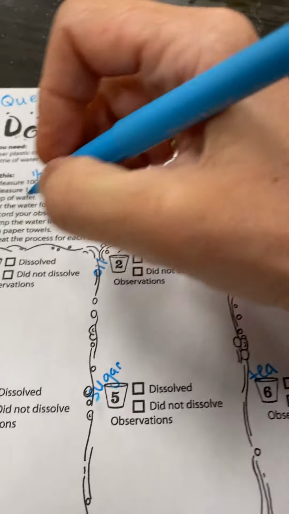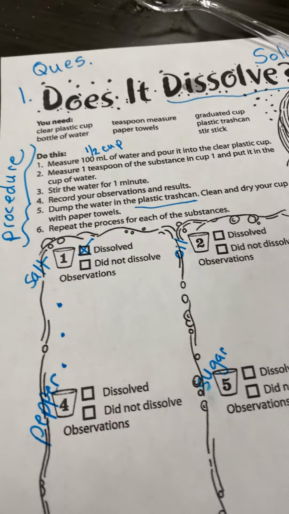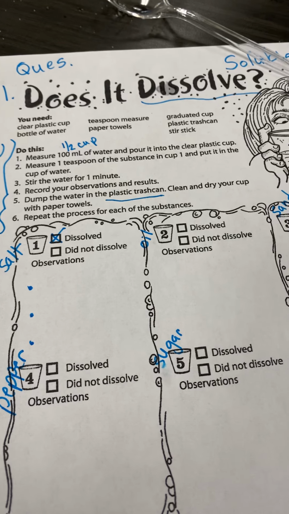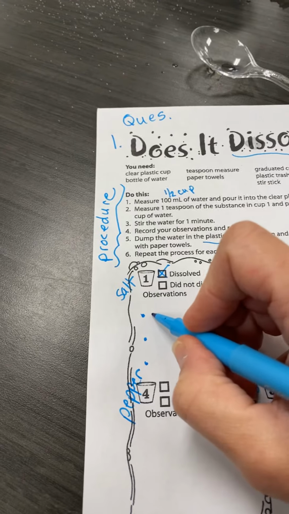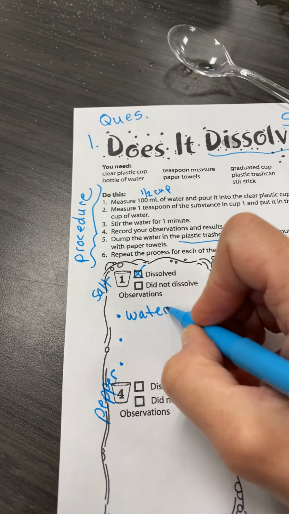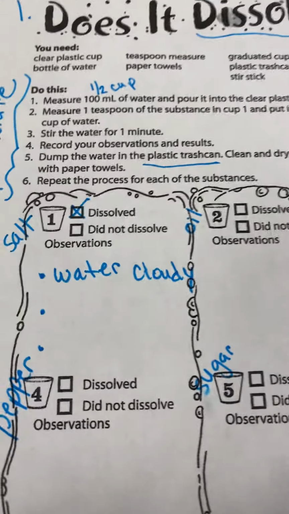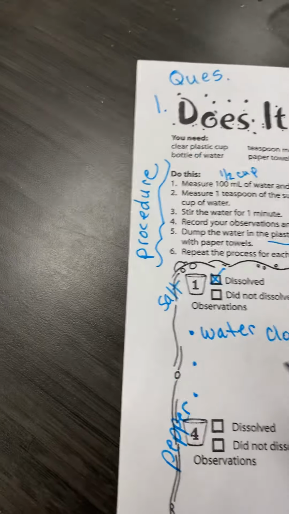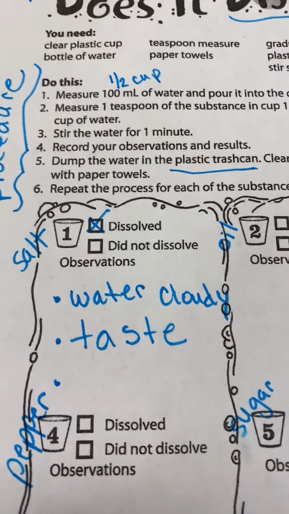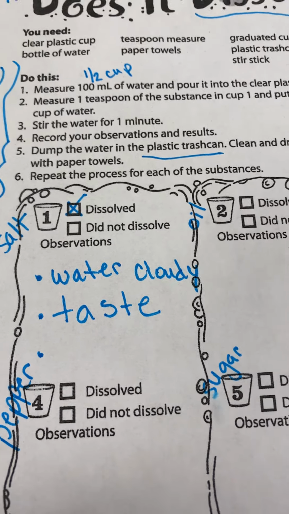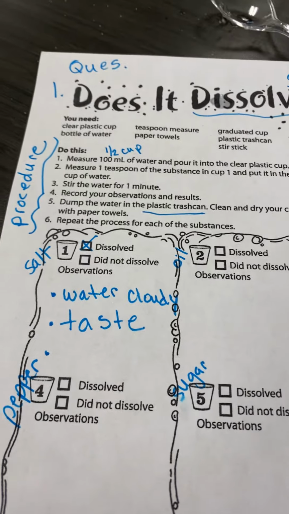So for my results, I would put that the salt did dissolve, and you should have written down 3 observations. So it did dissolve, it evenly mixed, but I noticed that the water looks kind of cloudy, okay? And I also noticed that if I took a drink out of it, I would definitely taste the salt. So it still has its physical property of taste. And that's all I have for that one.